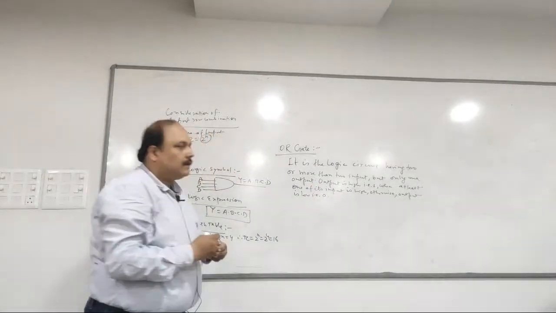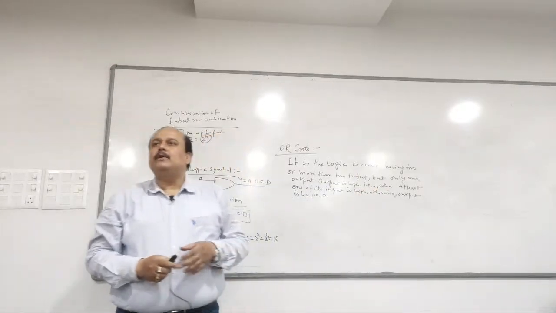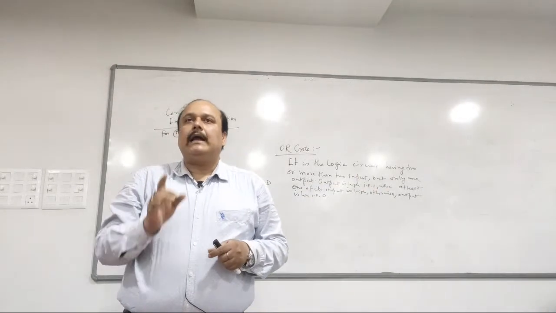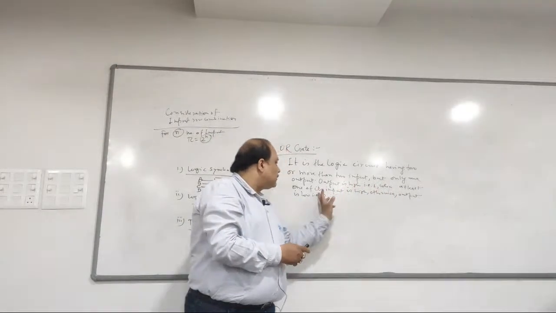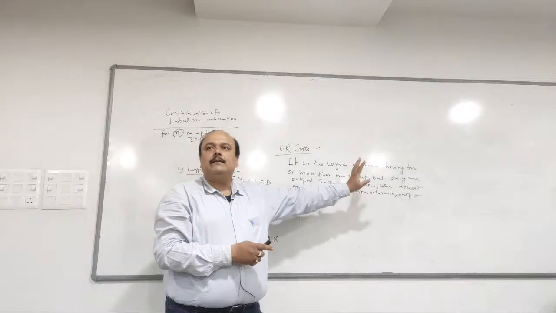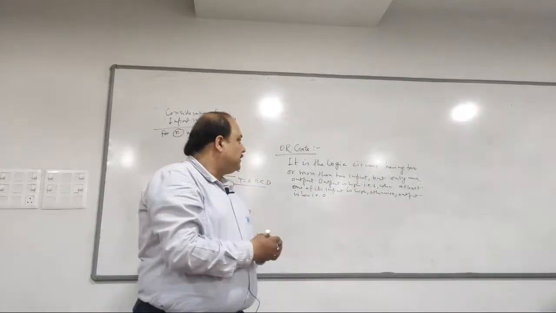Now, in this case, it is also a logic circuit having two or more than two inputs, but only one output. And in this case, output is high, that is 1, when at least one of its inputs is high, otherwise output is low.